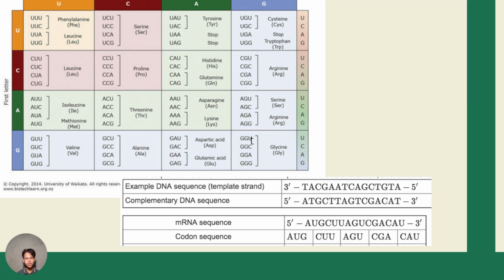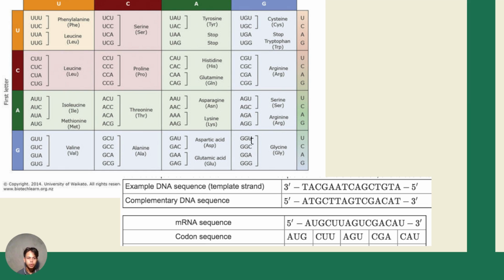And let's try to find what certain amino acid corresponds to this codon sequence. So first is the AUG. We all know that AUG corresponds to methionine, which also serves as a starting codon. Next is CUU. So where is the letter C?